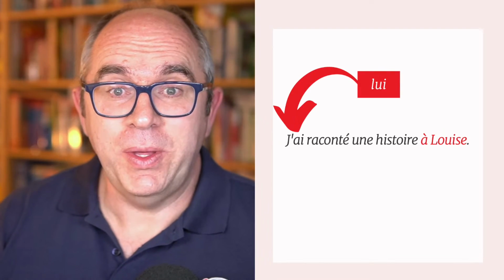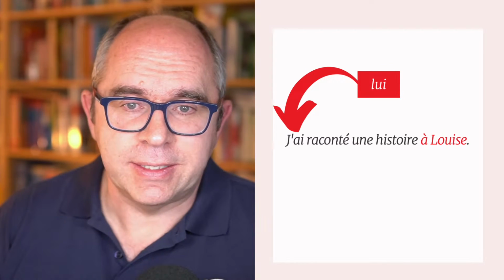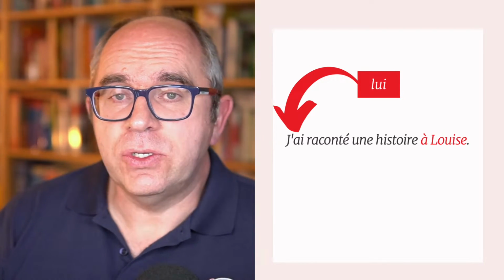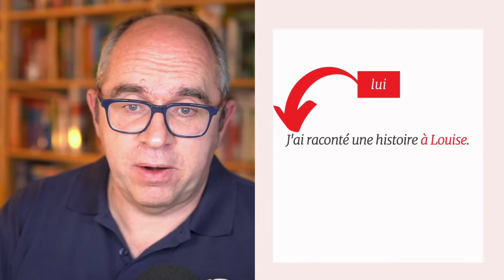So if we're going to replace à Louise, that's going to come out, and we're going to replace it with to her. Now we saw to him was lui, to her is lui. So it's the same word in French for to him and to her and to it. And again, this is going to come before our verb.